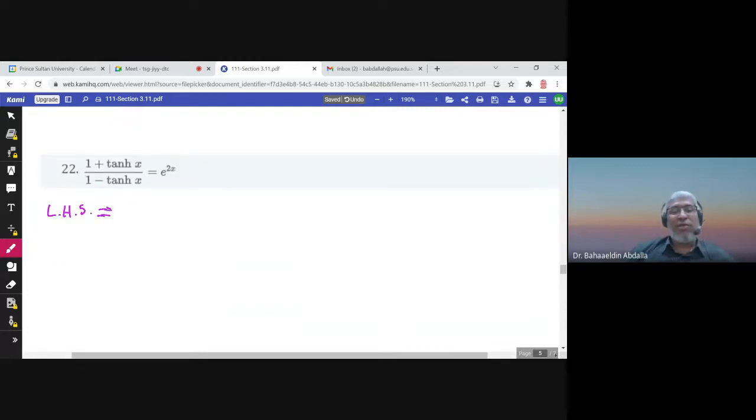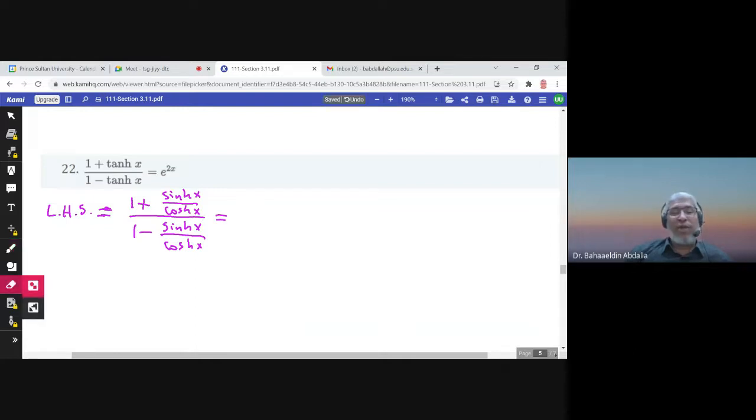Let me use here the definition. Let me do it like this: 1 minus sinh x over cosh x, because hyperbolic tan is sinh over cosh.